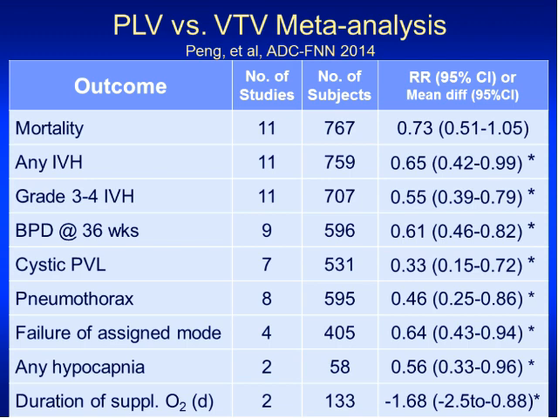One of them was our small study, and there was a shorter duration of supplemental oxygen again. So not all the studies looked at all of the outcomes, but here are the data.